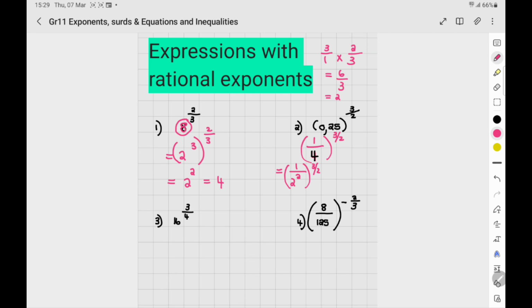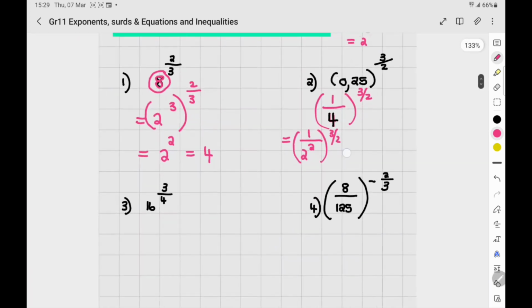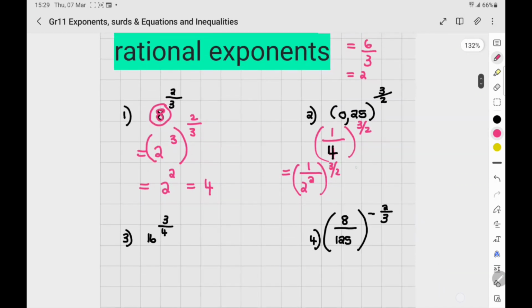Now you can keep it like that, or you can bring the 2 up and make it 2 to the power negative 2. But I'm going to go the other route. Remember, 1 to the power anything stays 1. And 2 to the power 2 raised to a further power 3 over 2: 2 times 3 is 6, 6 divided by 2 gives you 3, so 2 to the power 3. So your answer is 1 over 8.